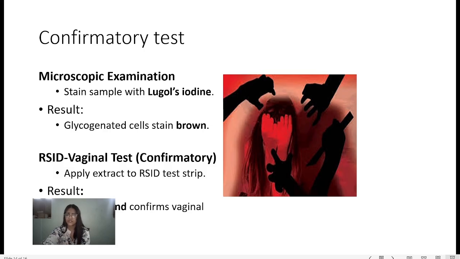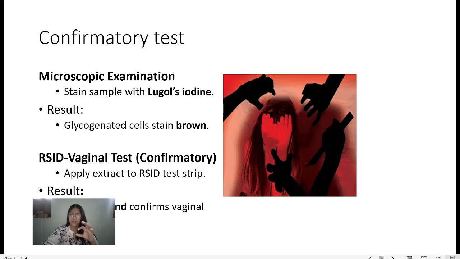So the next test is the RSID vaginal test, a confirmatory test. The principle of this test is that it is an immunochromatographic test for human vaginal-specific proteins. The procedure of this test is that we just apply the vaginal extract, the vaginal secretion, to the RSID test strip.